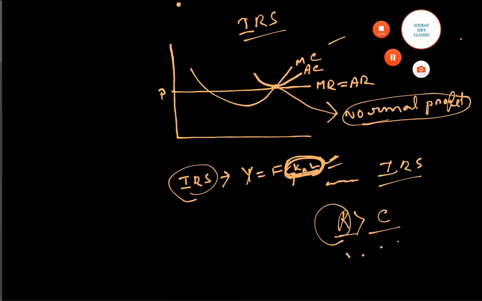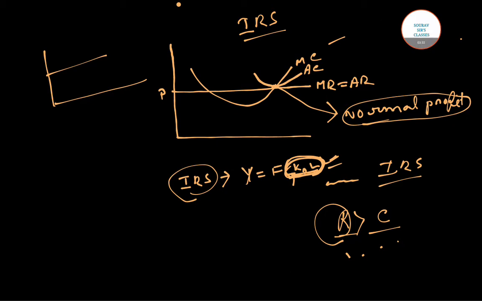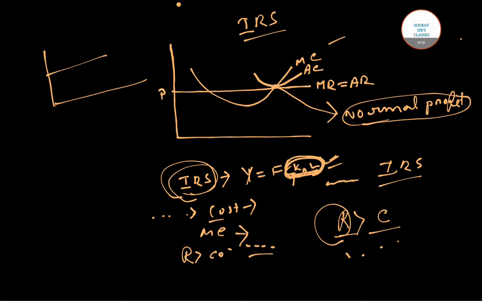Now for an example, in this case, given this price line, we know increasing returns to scale basically means if you keep on increasing the quantity, the cost will be increasing but will be falling. That is marginal cost. As long as marginal cost falls, we say that the revenue is more than cost, so we call it increasing returns to scale.